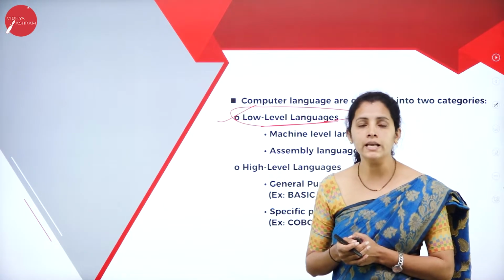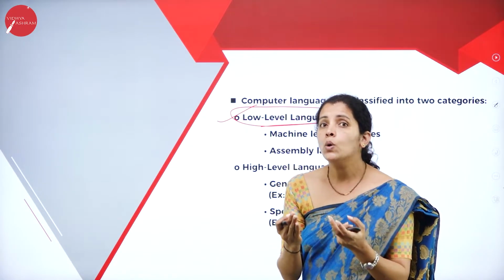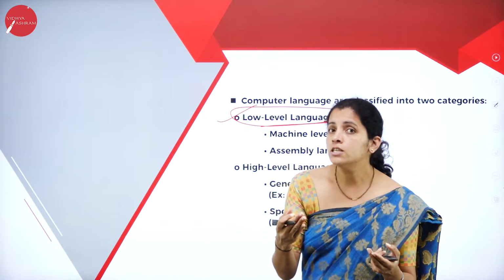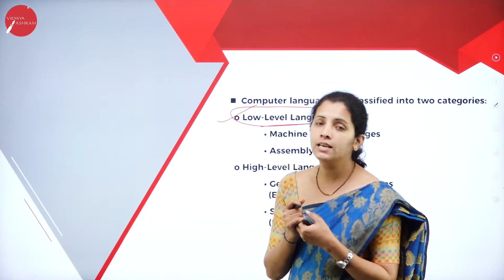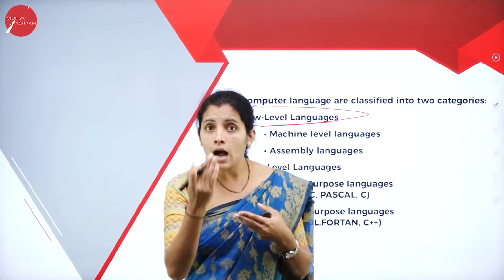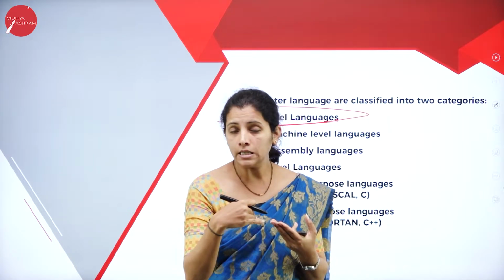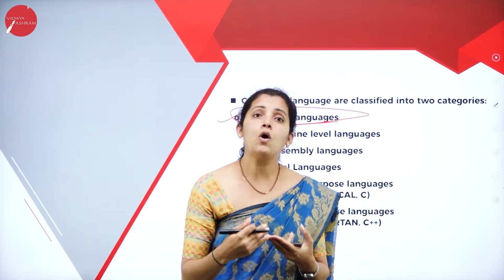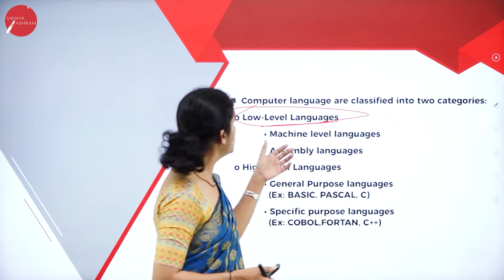If I consider the computer system, what is the native language the computer system uses? That is nothing but machine language or binary. And if you ask me what my native language or mother tongue is, that is Kannada or English or Hindi.